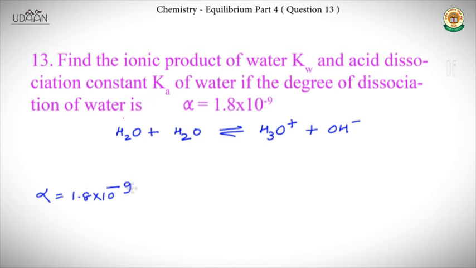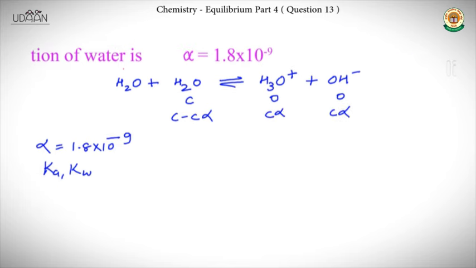Now we need to find the Ka and Kw of water. Let's say we start with a concentration of C, and initially these are 0. After some time, C minus C alpha amount of water is left, and C alpha moles of hydronium and OH minus ions are formed. Now, Ka of water as an acid will be given by the expression H3O plus into OH minus upon H2O.